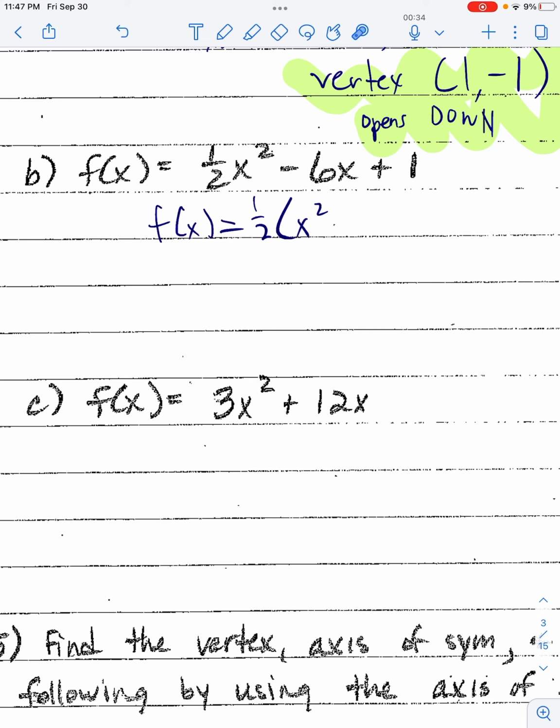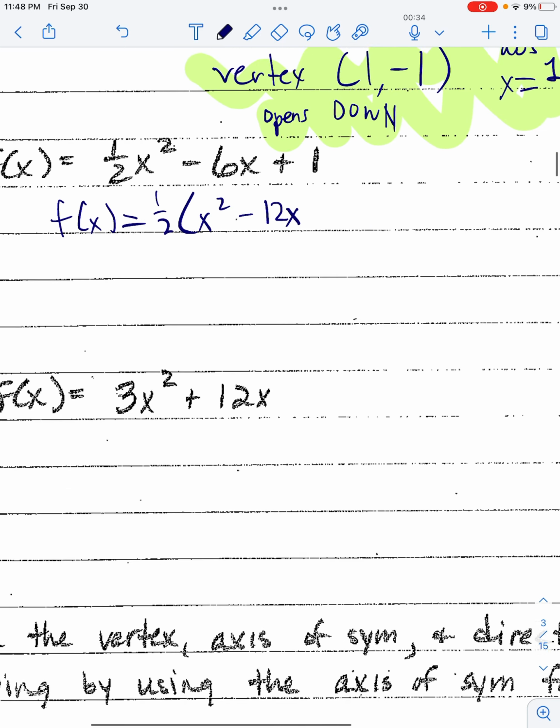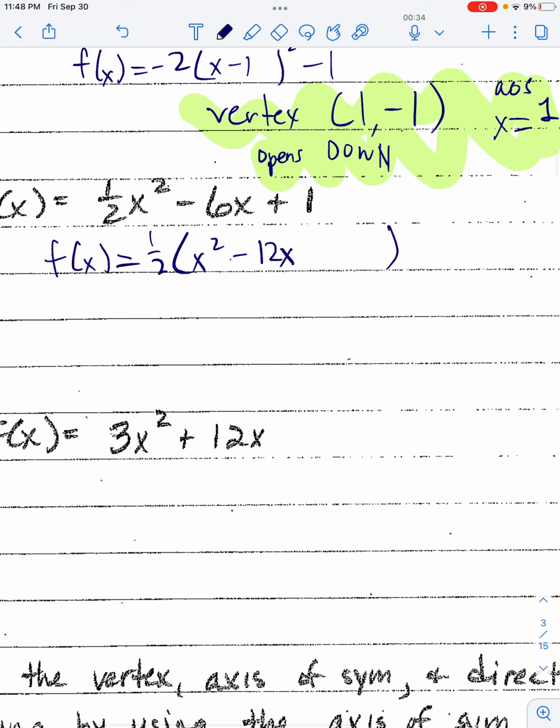Well, I've got to put a number here such that when I multiply it by 1/2 to expand back out, I get negative 6. What number is that? It's negative 12. And then I have my x. Leave some space for that third number I'm going to add in. And then I have my plus 1 that's just been hanging out.